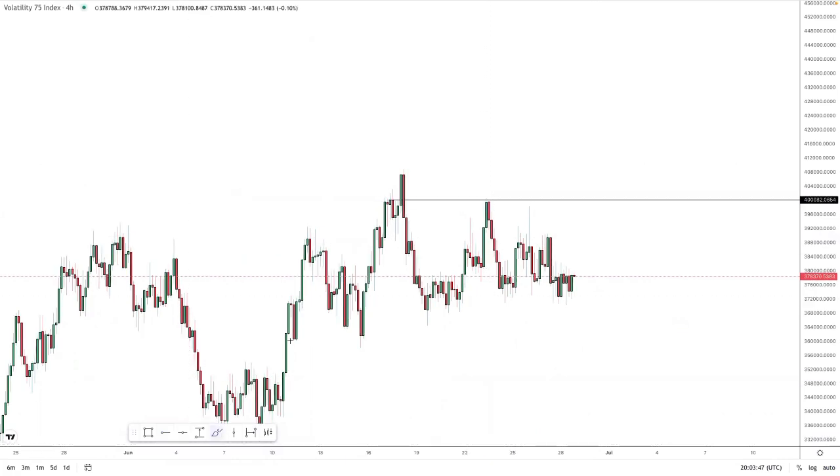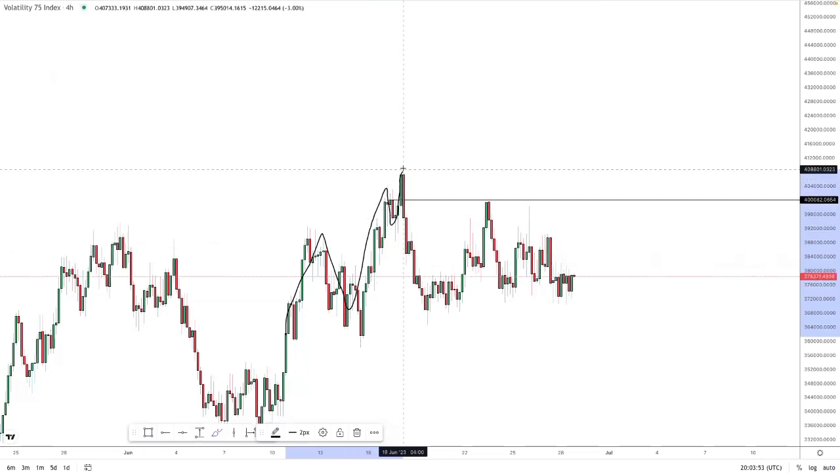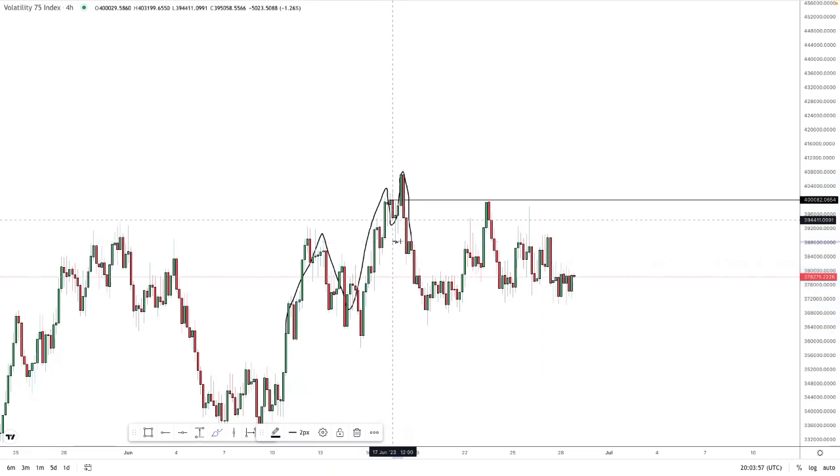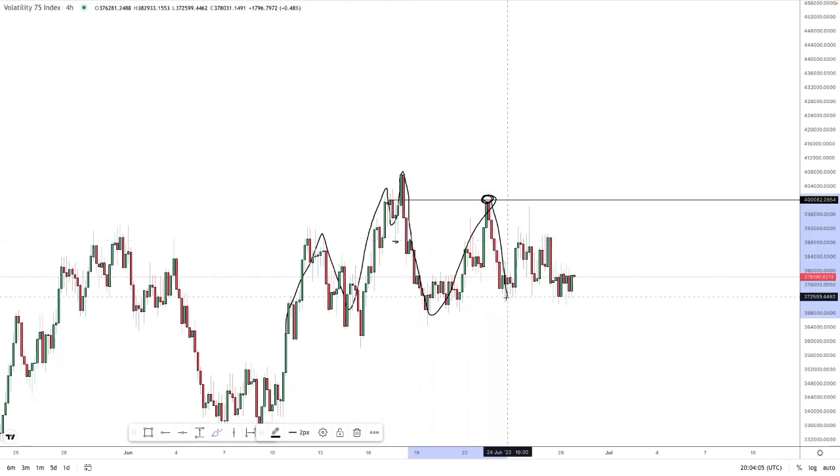You can see that price was making highs. We made a low, we made a high, then price came to break structure. We broke structure right here. After breaking structure, price came to respect our invalidation point. That's when we had the sell trade right here.